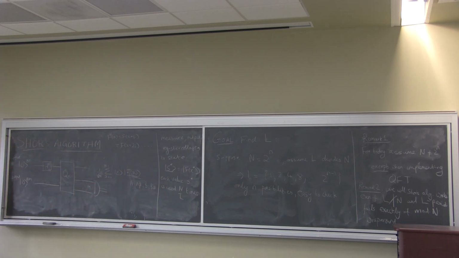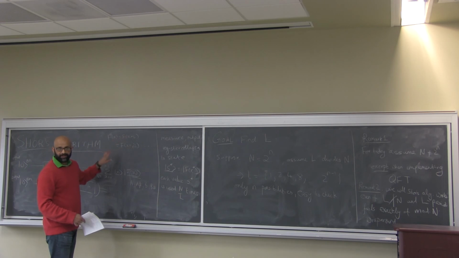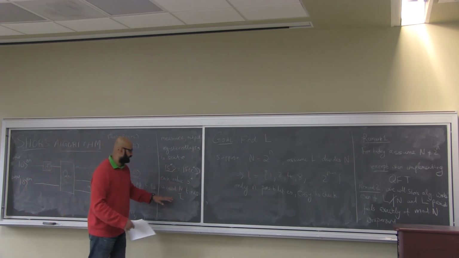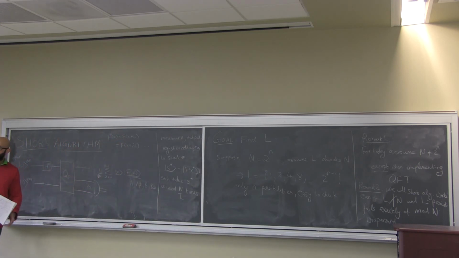There are n total possibilities for the input register, okay? And S star is those values which are separated by the period L. Therefore, each value S star is used n over L times in this output after measurement.